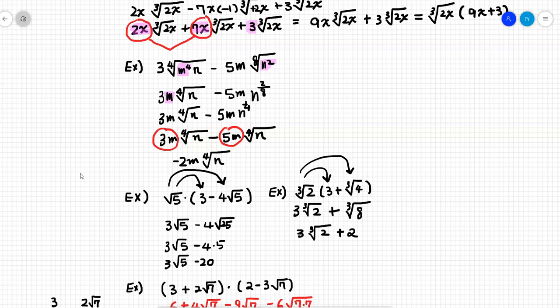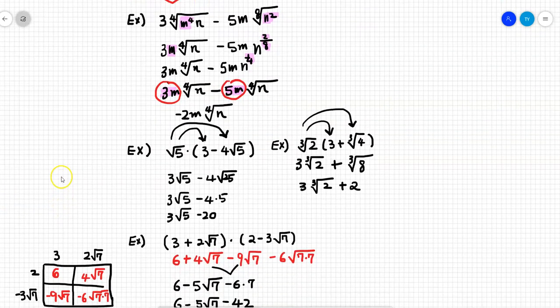Remember that the index is always at the bottom, right here. So we were able to rewrite the radical into the rational exponent. So 2 divided by 8 is 1/4. If you rewrite the 1/4, that's the fourth root. So now both the first term and the second term have the same index with the same radicand, so all you have to do is take care of the quantity in the front.